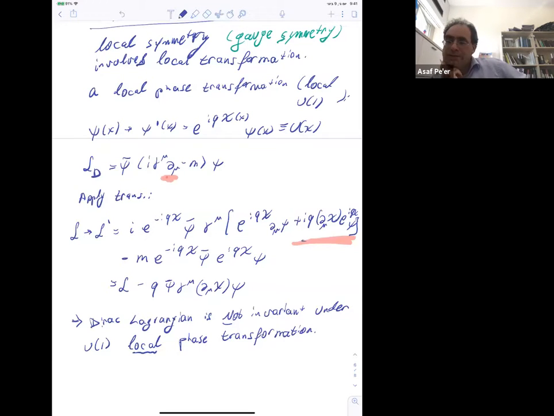Now, we said we're going to follow the gauge principle, so we want to make the Lagrangian invariant.